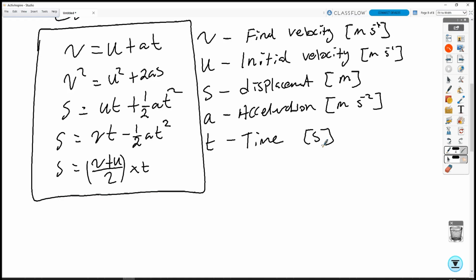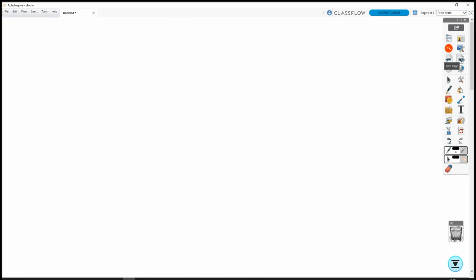Now, to use these equations, when you start with the problem in front of you, write down VUSAT. So step 1 is to write down VUSAT.